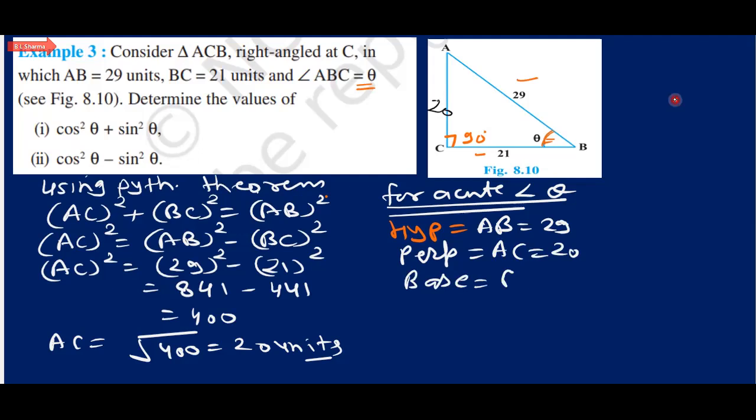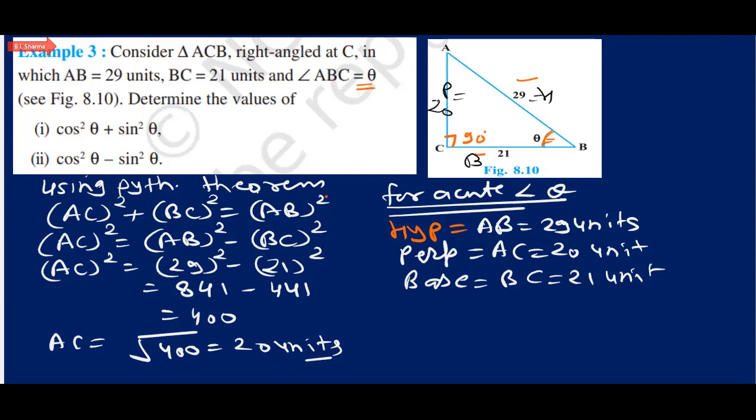The base is BC, and that is 21 unit. तीनों साइड का हमें पता लगाने के बाद, now we come to the question, cos theta is what, sin theta is what.